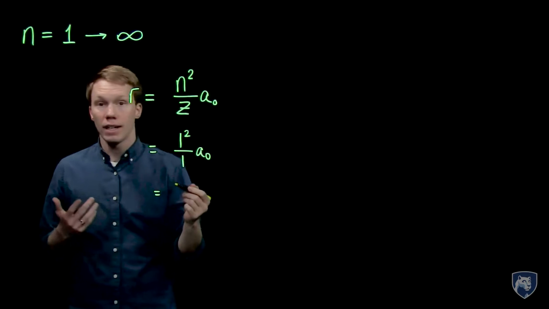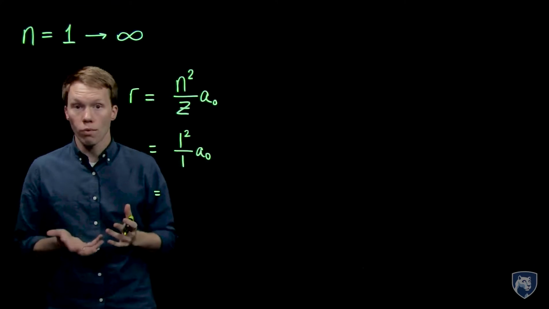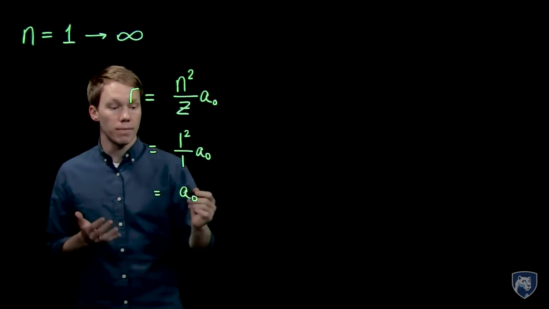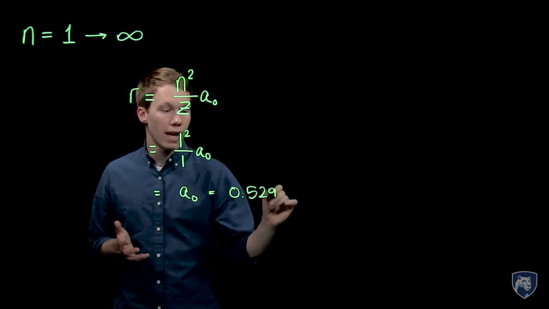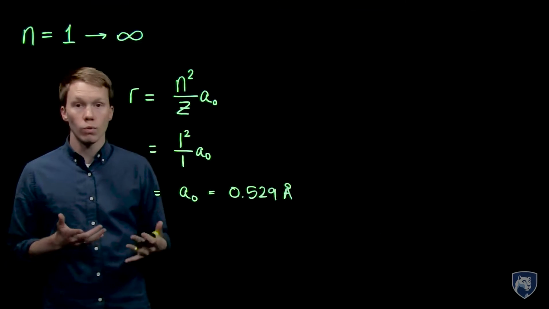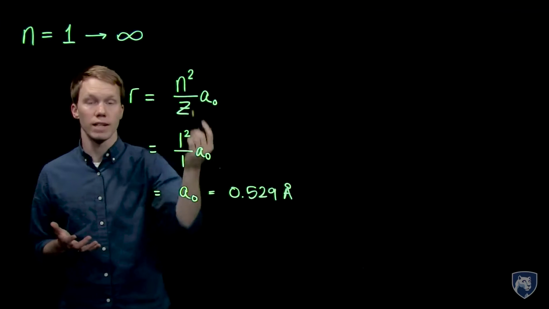And a naught is a constant value. It's what we know as the Bohr radius. And for hydrogen, it would be simply equal to a naught, which is 0.529 angstroms. And each subsequent orbital would get farther and farther from the nucleus as n increased.